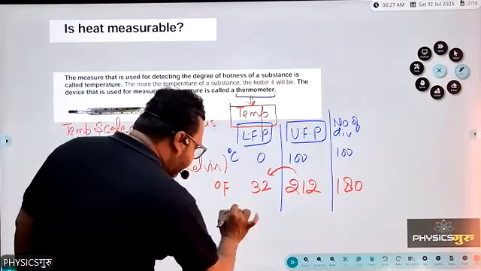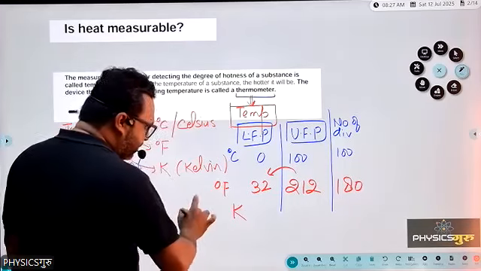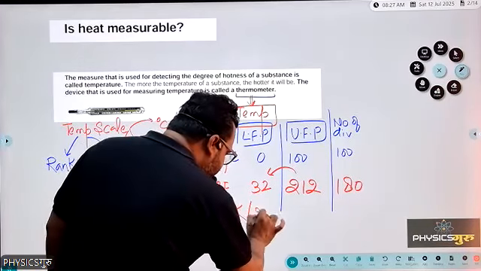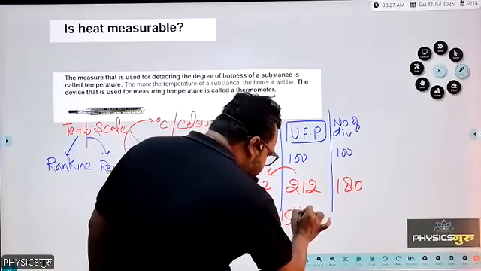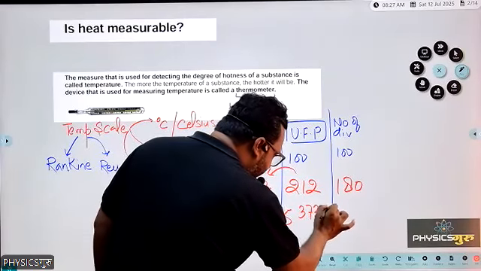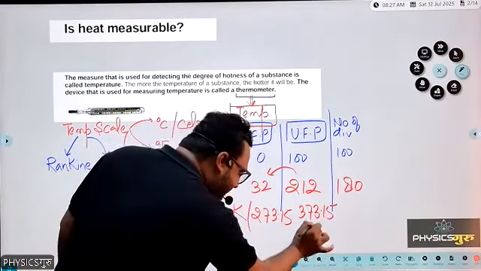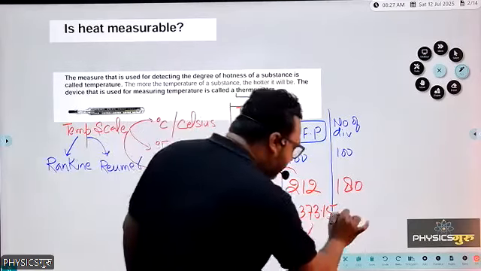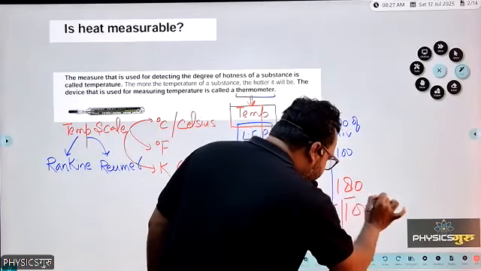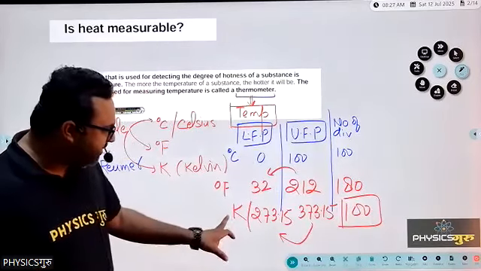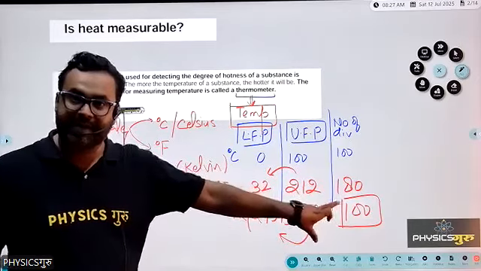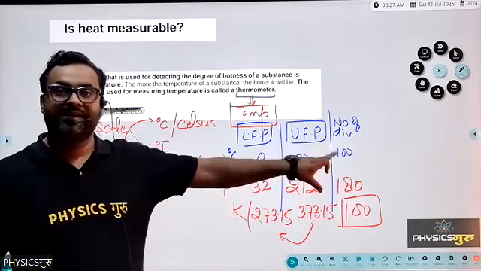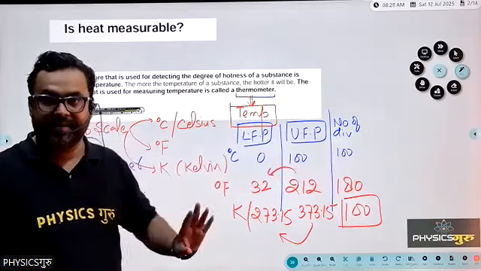When we talk about Kelvin, the lower fixed point is 273.15, while the upper fixed point is 373.15. If you subtract these two readings, you get 100. So the number of divisions on the Kelvin scale is 100, on the Fahrenheit scale is 180, and on the centigrade scale is 100.